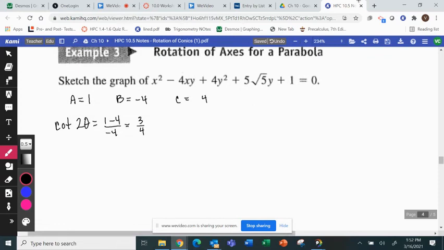It'll be negative, negative, so positive. So where is cotangent equal to 3/4? It's not a special one.